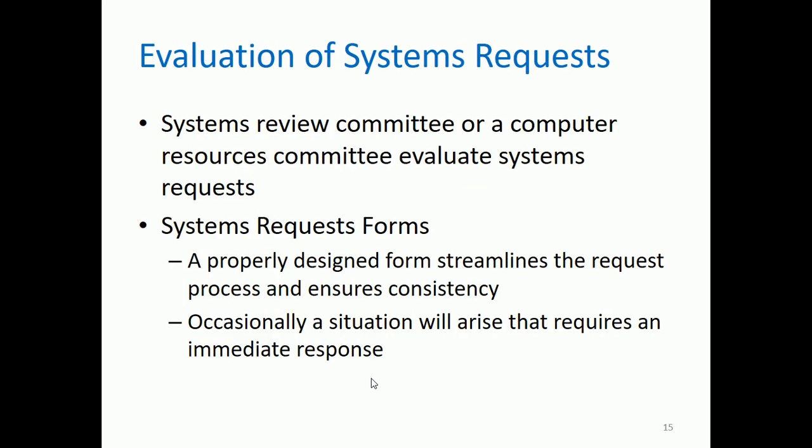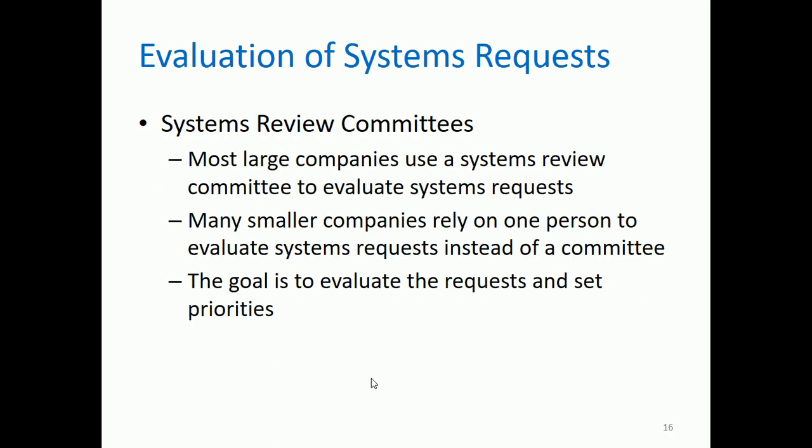Okay, next we have evaluation of systems requests. We have the systems review committee or a computer resources committee to evaluate systems requests. So we have these forms for systems requests. A properly designed form streamlines the request process and ensures consistency. So it can be an ISO form, and occasionally a situation will arise that requires an immediate response.